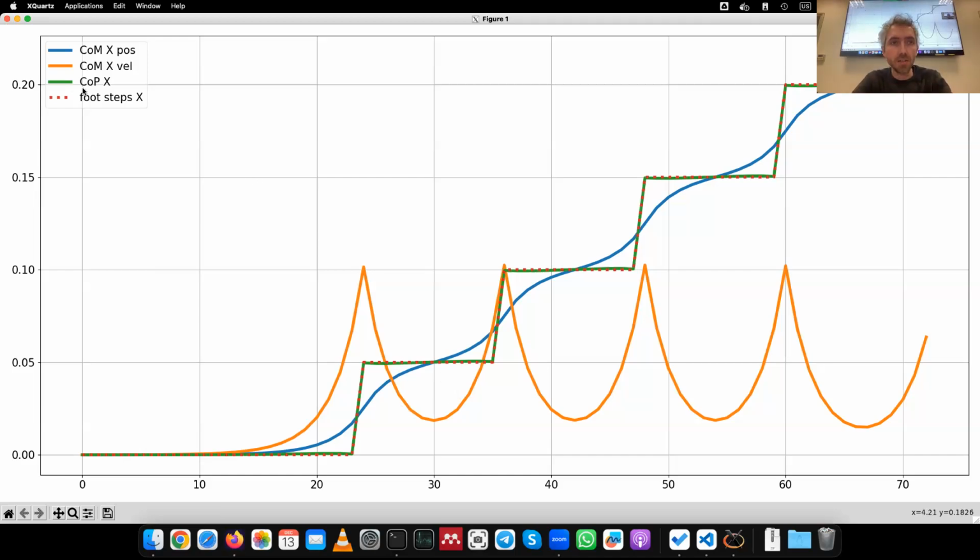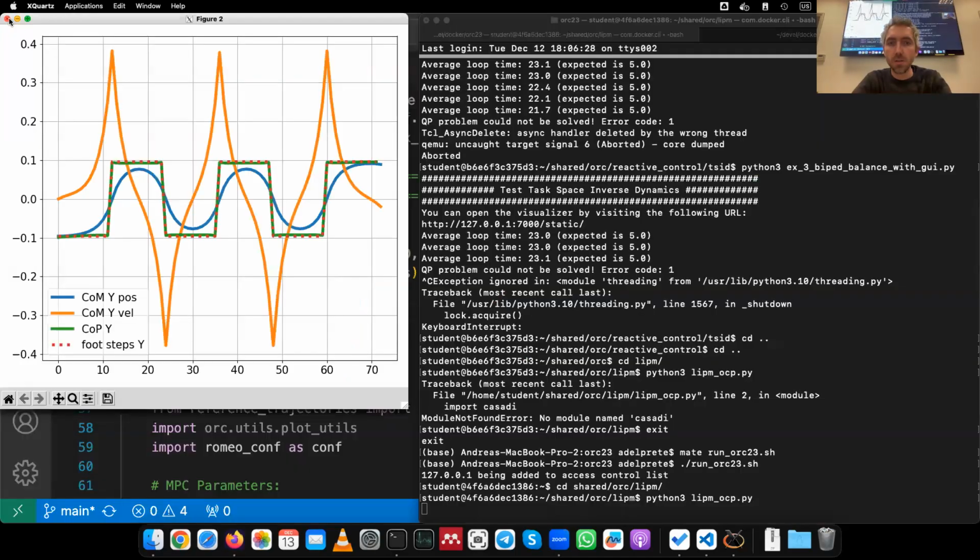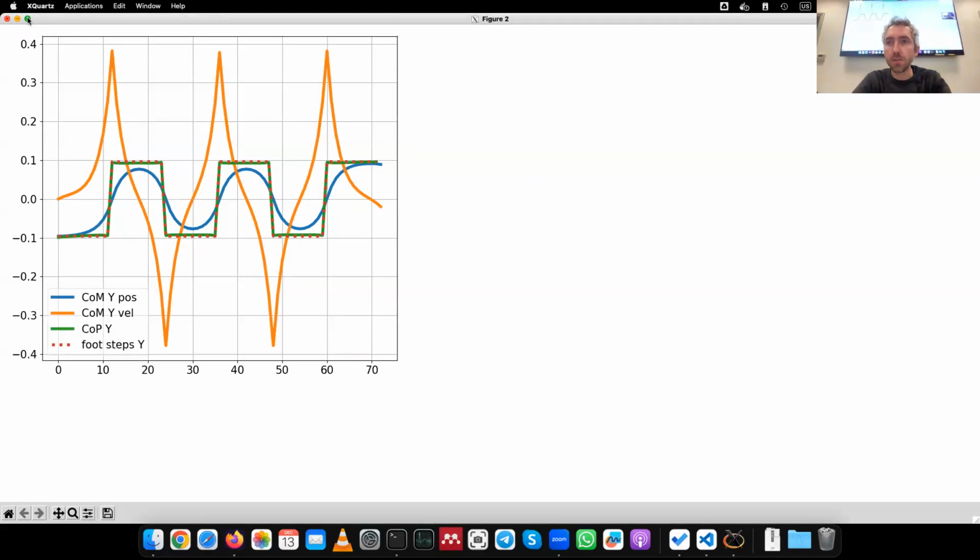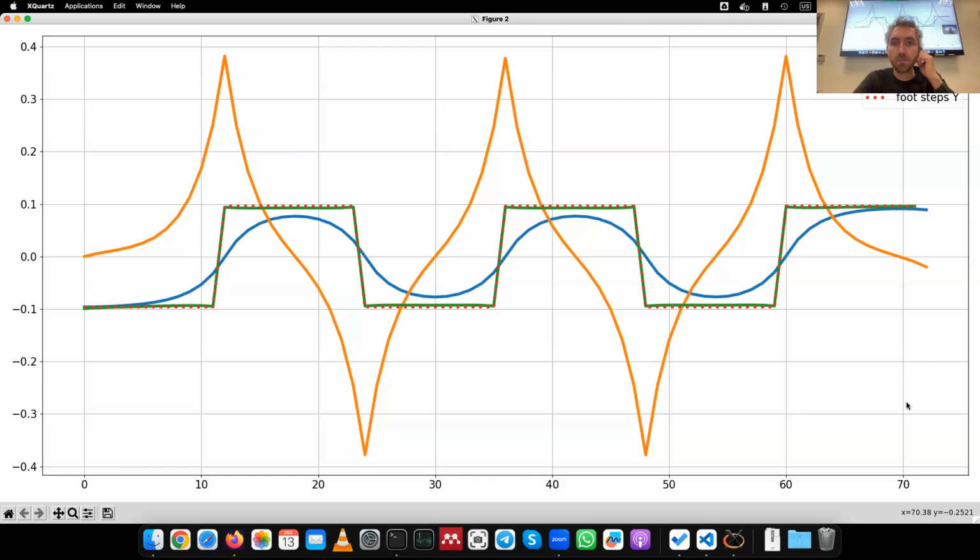So this is the x direction, and this instead is the y direction. So this is quite different because in y, basically, the reference velocity is 0. On average, we are not moving, we are just oscillating left and right in the lateral direction. So these are the footsteps, which go from minus 0.1 to 0.1 back and forth.